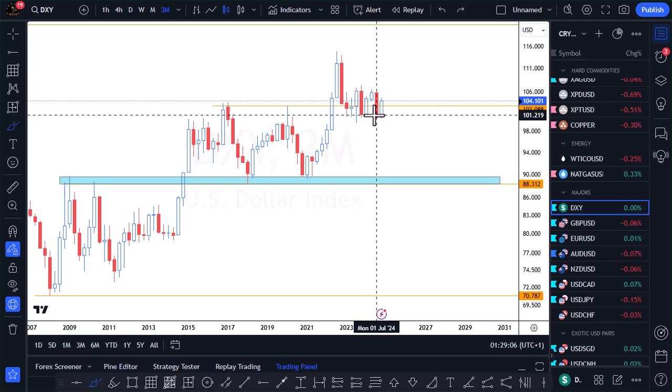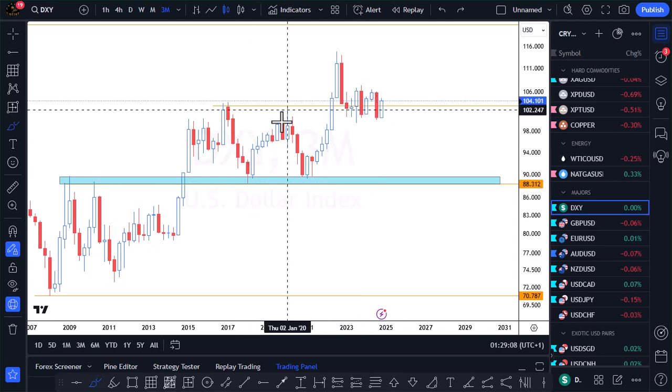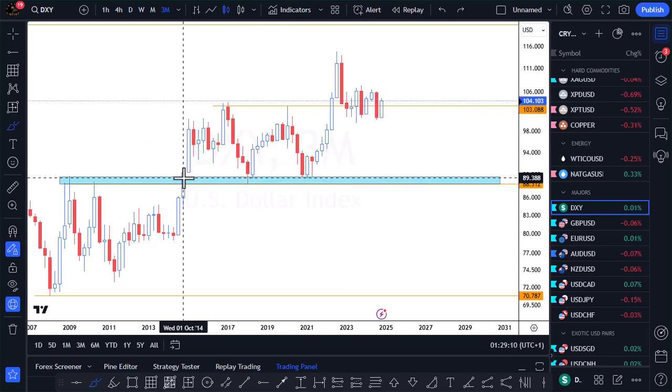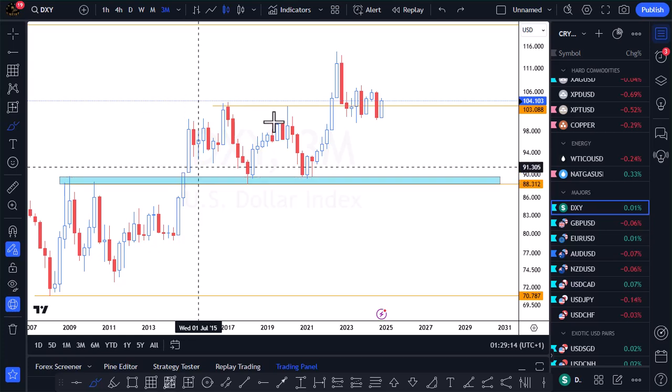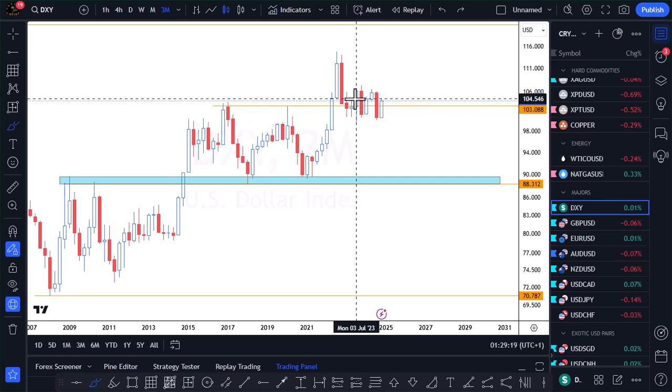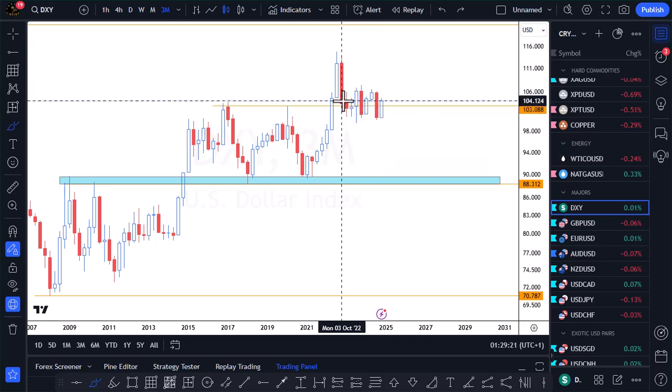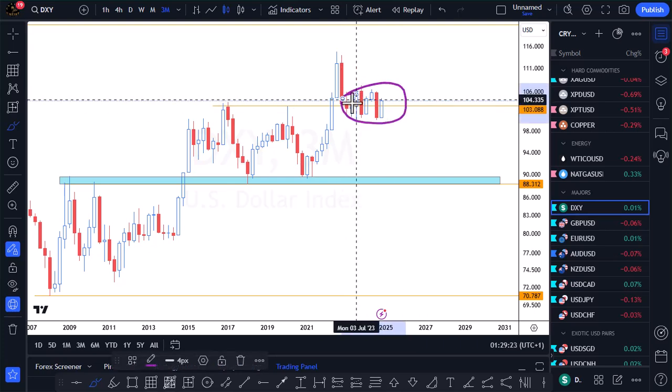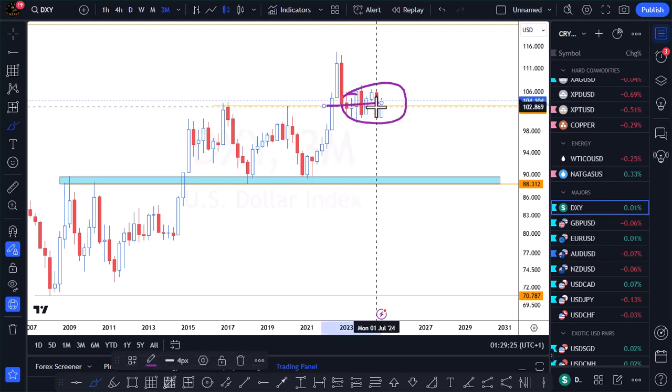A key level can be invalidated when it's been taken out, breaking out, just like what we had right here on the 1st of October 2014. But right here we had multiple tests, breakouts, breakthroughs, breaks to the upside and to the downside multiple times. So this shows us that this key level is not a significant or powerful key level anymore.